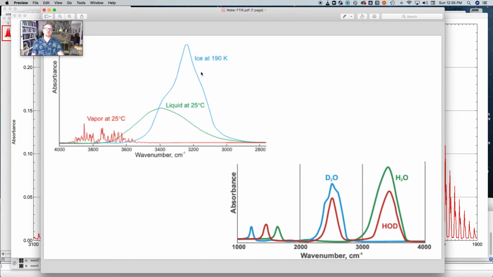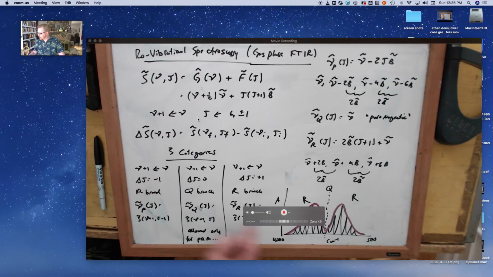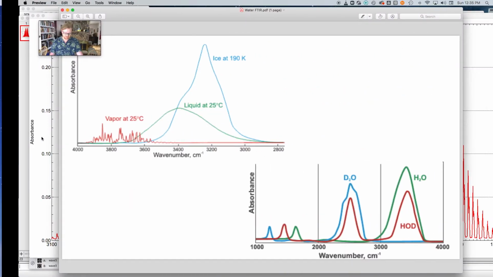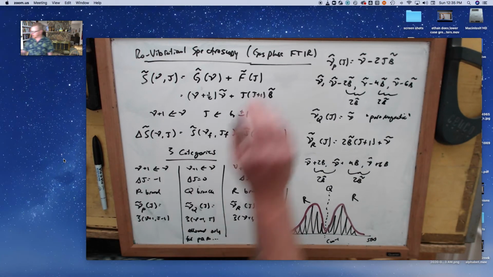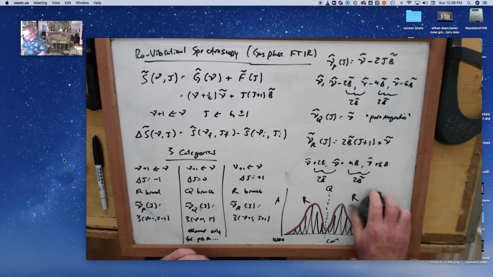So we talked about liquid and ice, and now we can see this is the water vapor lines. These would be the rotational lines. And you notice it looks chaotic. It doesn't look like this nice symmetrical picture that I drew. The reason for that is because within these vapor lines, you would have an R branch and P branch. I just realized on my notes I wrote R twice.